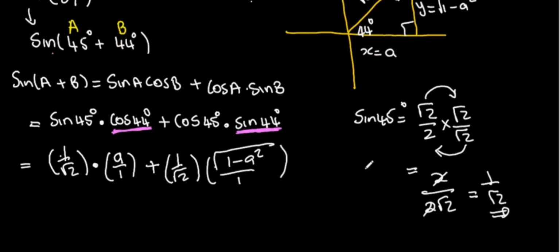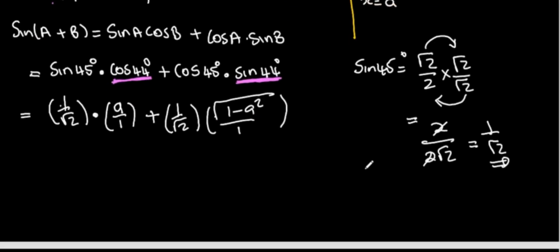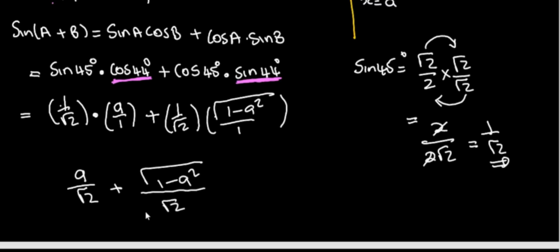What's next? Simplify this. So we multiply that: 1 times a is just a over root 2. We're going to add this with the root of 1 minus a squared, all over the root of 2. So what happens on the denominators?